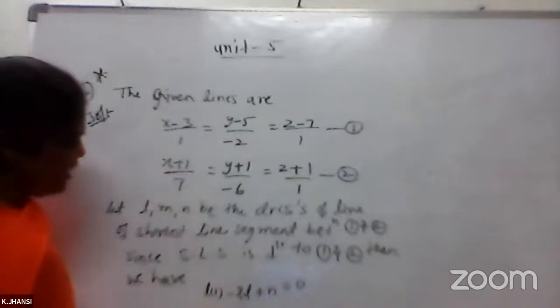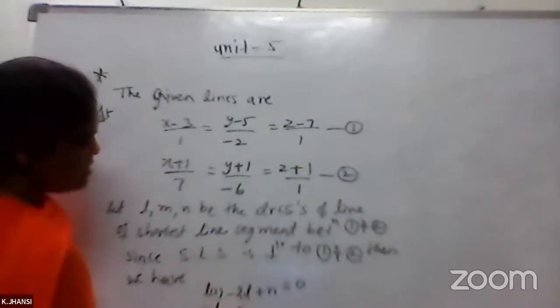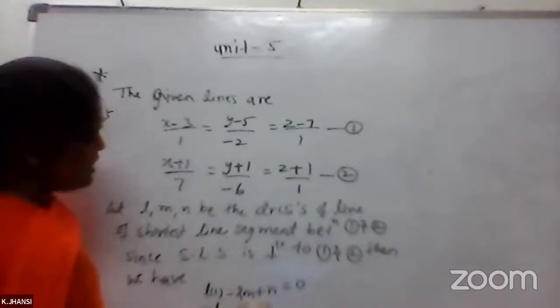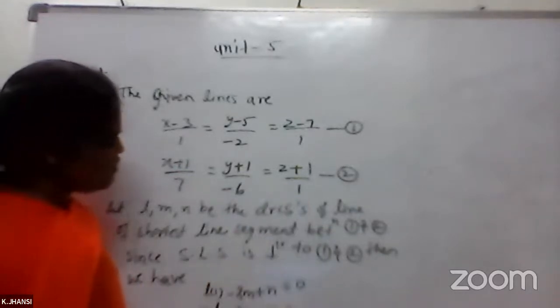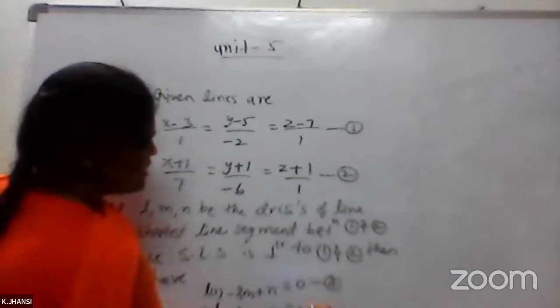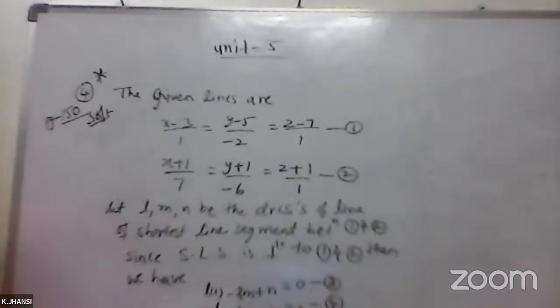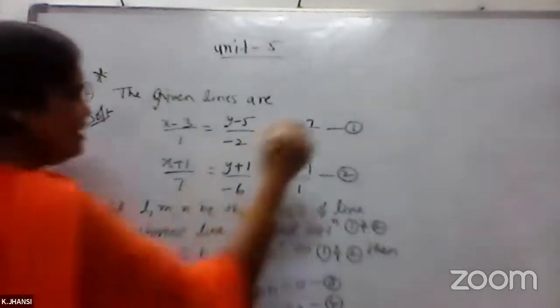Next one, 7L minus, sorry, this is M, 6M plus N equals 0. You put it as third and fourth.